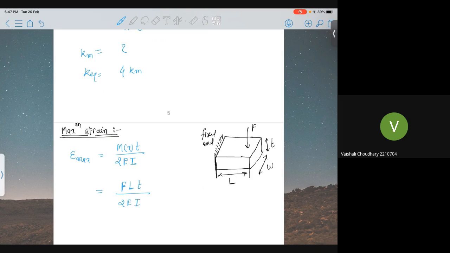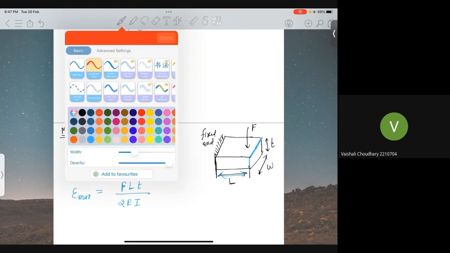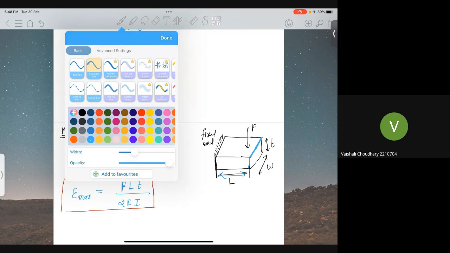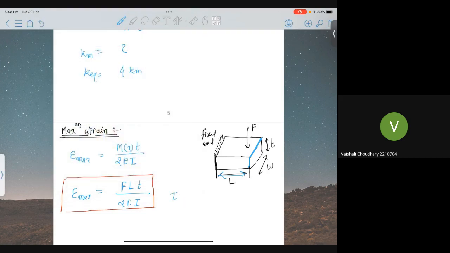Because the point where the force is applied is the free end of this beam, so x is L. So the maximum strain is FLt by 2EI, where I is inertia.